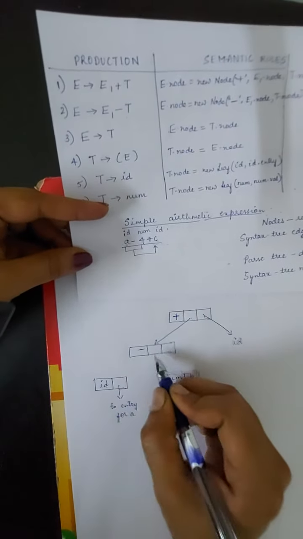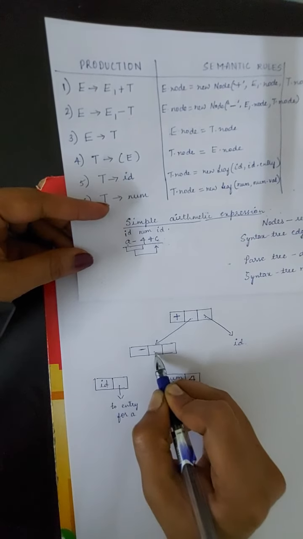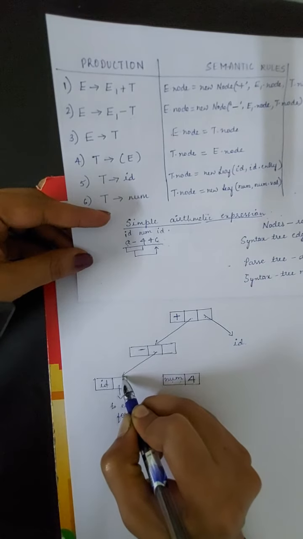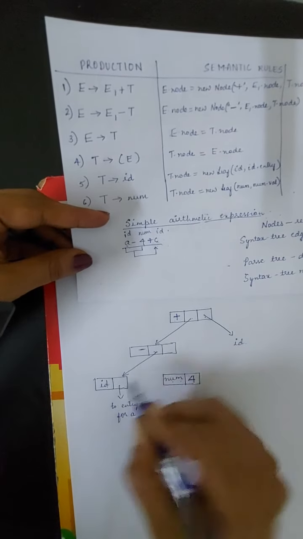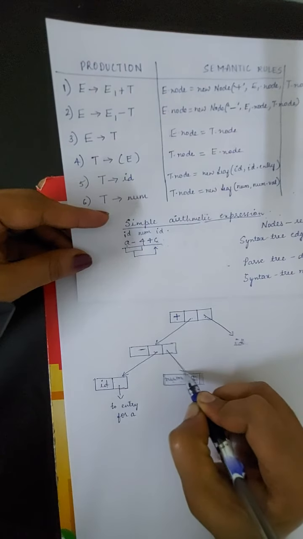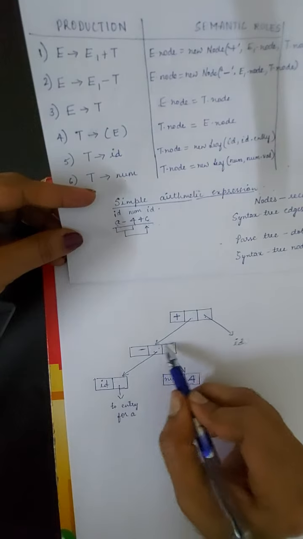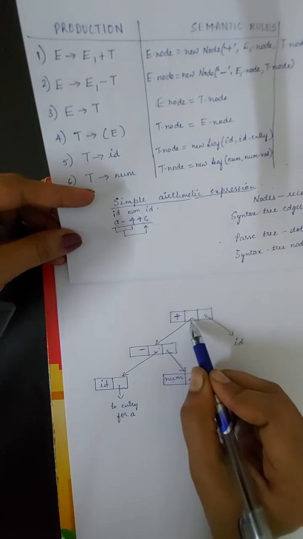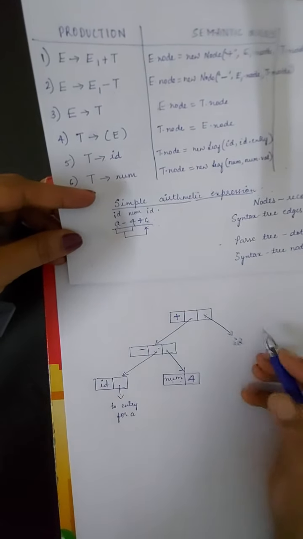Alright, so the object for this node has two additional fields, this field is pointing to this child, and this field is pointing to the other child. Alright, in the same way, this field in the object of this node is pointing to this child, whereas this second field is pointing to this child.